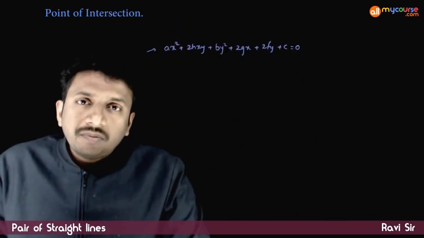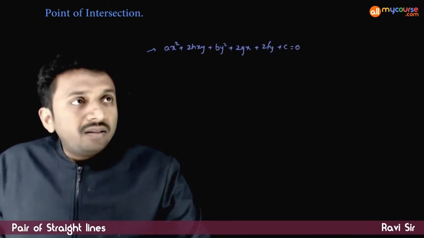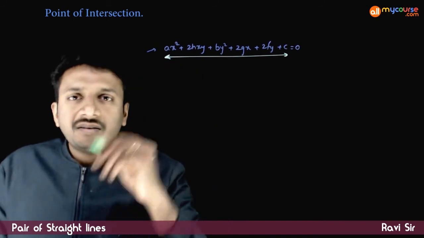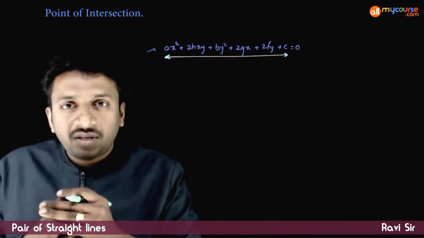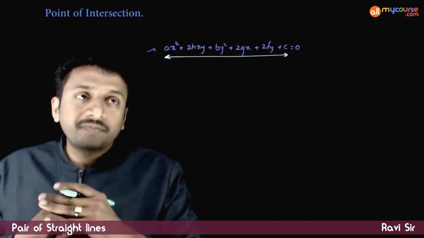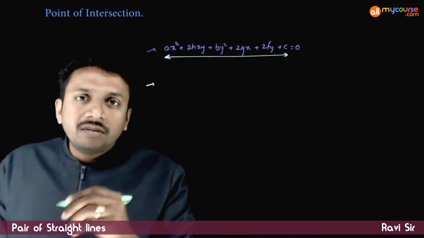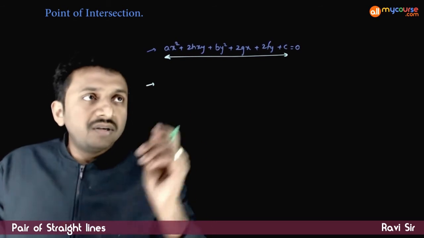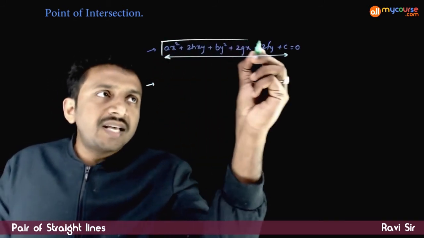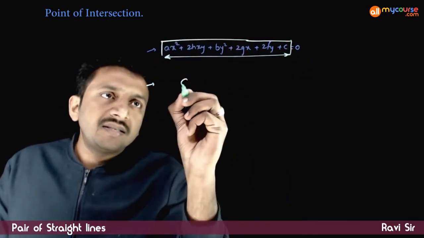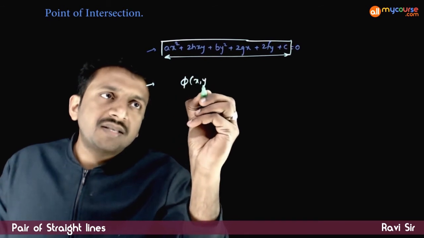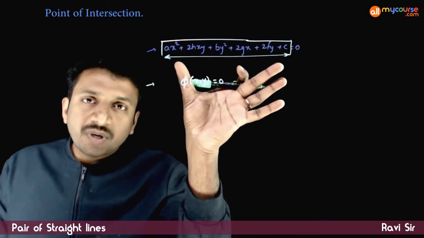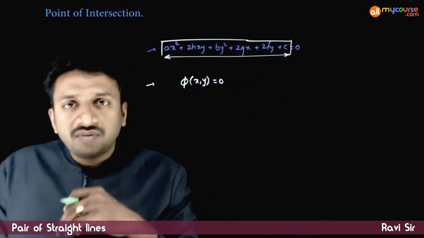So in this video, let us look at how to find the point of intersection of a generalized non-homogeneous pair of lines. To find the point of intersection, the process is very simple. We assume this expression as some expression in x comma y, so this can be written as some function phi of x comma y is equal to 0.